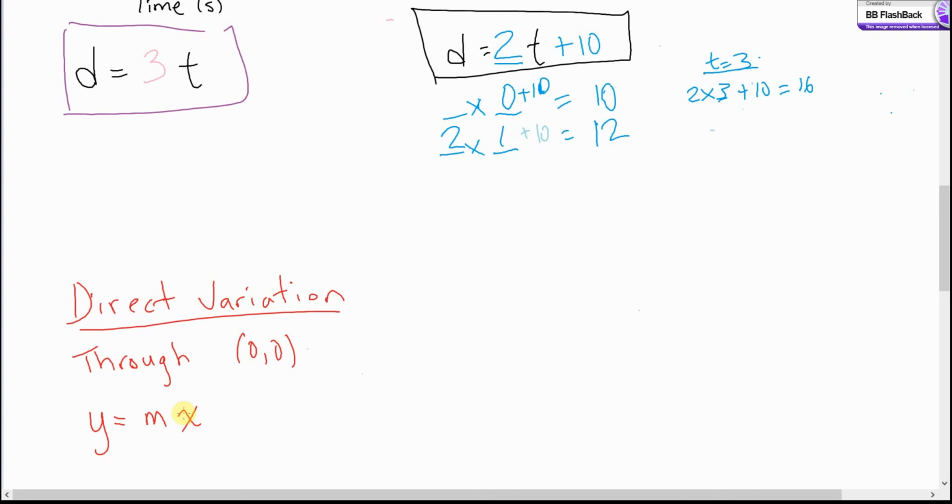So y equals mx is how we like to say it. We really like using these variables, y, m, and x. We use them quite a bit. Unless it's an application question, we have distance and time, then d and t work out really well.